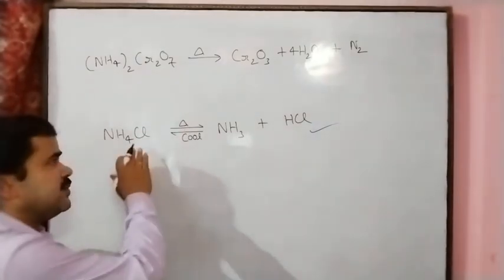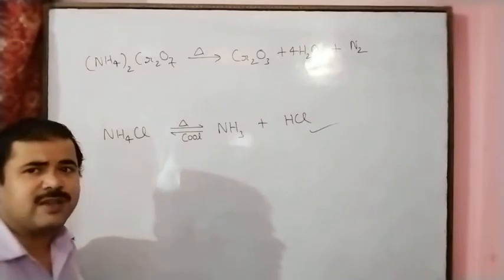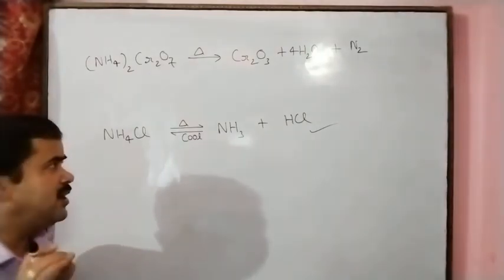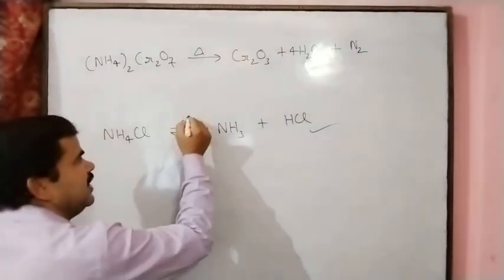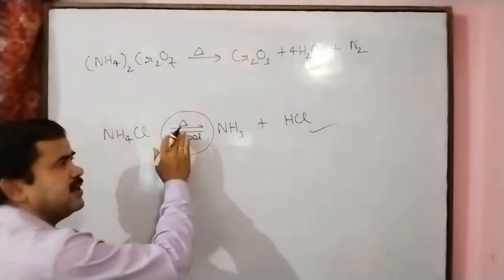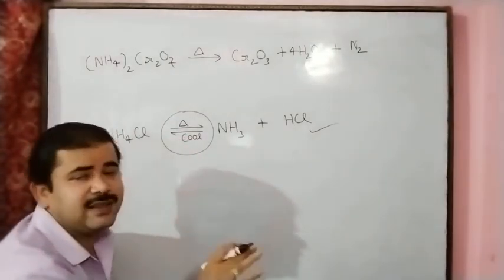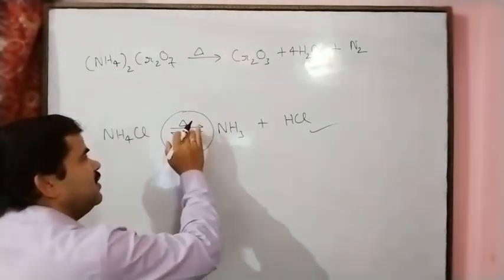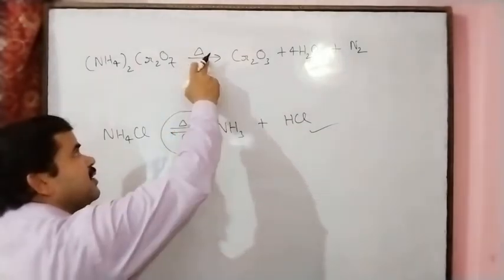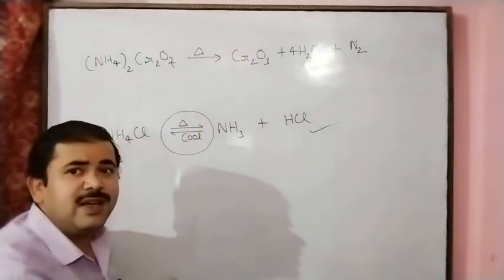Here also one substance decomposes or dissociates into two or more simpler substances. But only in this case a reversible sign is present. If a reversible sign is present, we will say thermal dissociation reaction. And if a reversible sign is not present, means an irreversible sign is present, we will say thermal decomposition reaction.